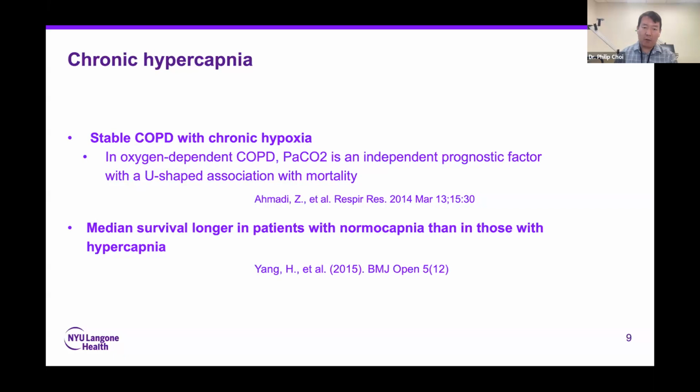If you're high, there's probably issues with the CO2 actually causing some sort of mortality, but also if it's low, it probably represents some element of respiratory distress and hyperventilation at that time. And studies have also shown that median survival is longer in patients with normal capnia than those with hypercapnia. So there is some data, but not quite as robust as acute respiratory failure.